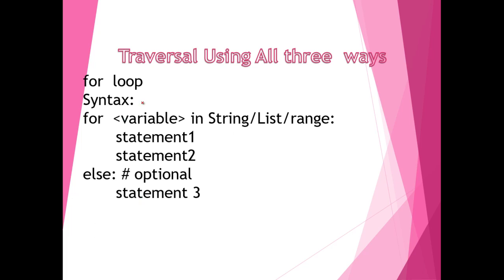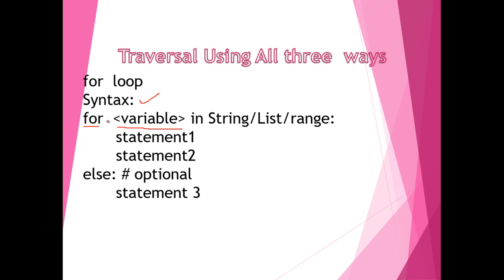So the syntax of the for loop is that first you have to write the word for, then you have to take a loop variable. You can take any variable a, b, c, x, y, any variable name as per your choice.